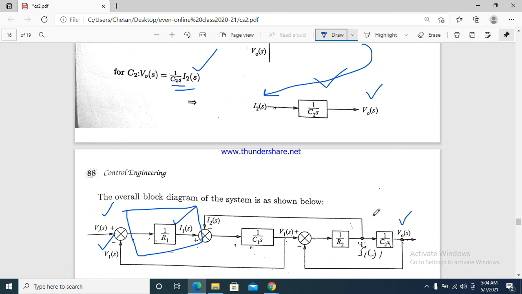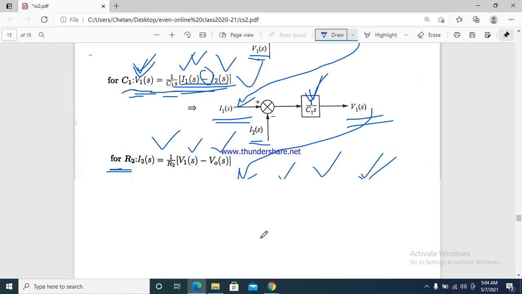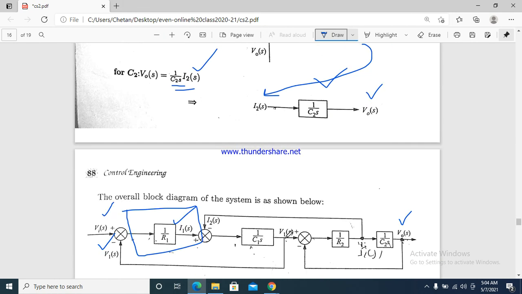After this, you need to draw the feedback elements like this. Where do you draw the feedback element? By looking at this diagram, V1 of S is actually required for the first element also.